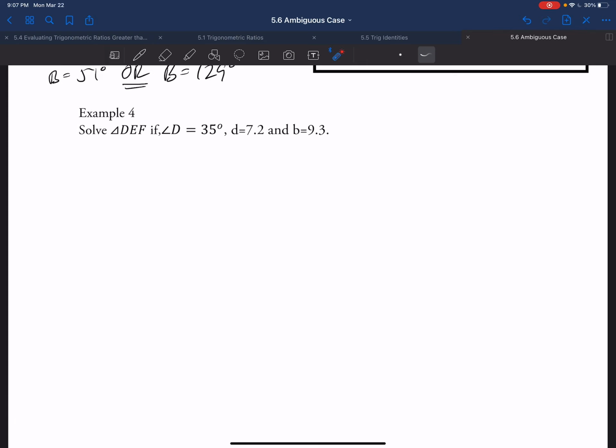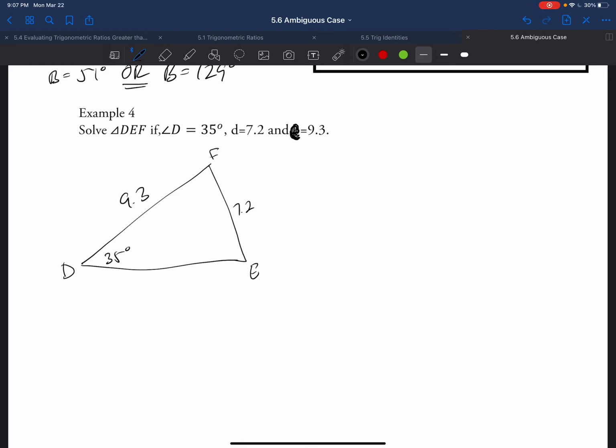Sorry about that. So it's angle D, and it should be E actually. And this would be F. But it doesn't matter what the letters are. It's still doing the same thing.